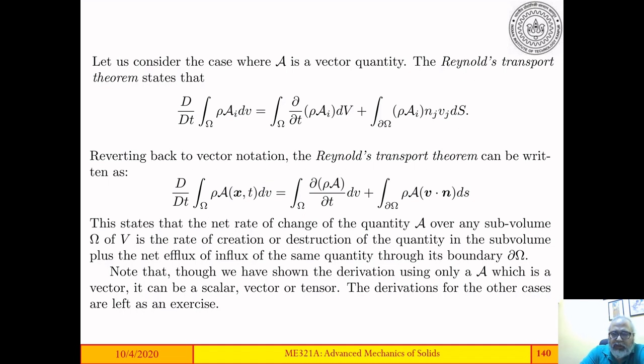So we all know that the total mass contained in omega has to remain constant over time, which means that d/dt of rho dV, which is the mass contained in a small volume, integrated over omega is the total mass contained in omega, and d/dt of that has to be equal to 0. This is my equation of mass conservation.